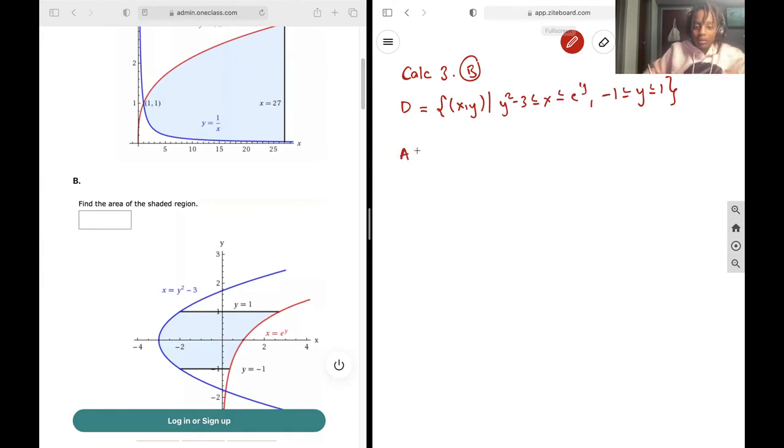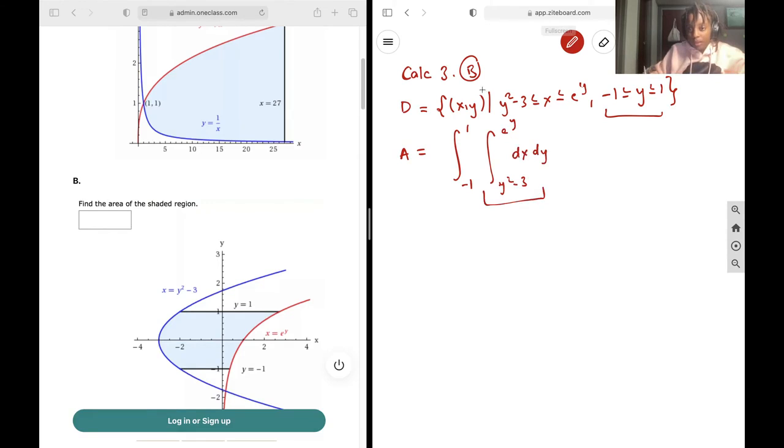So the area is going to be, let's put the y on the outside because it's easier. So -1 to 1, y squared minus 3 to e to the y, dx dy.